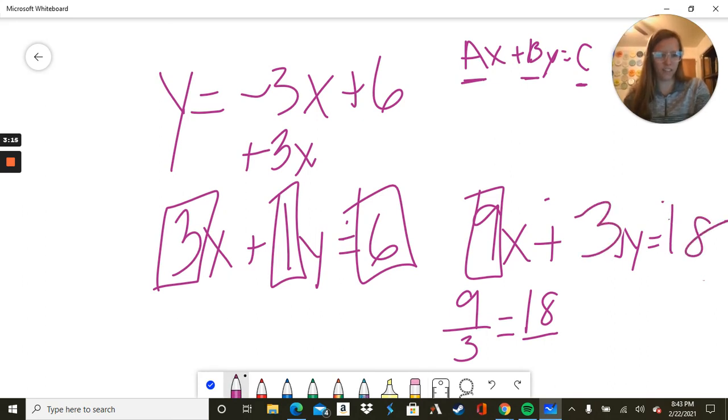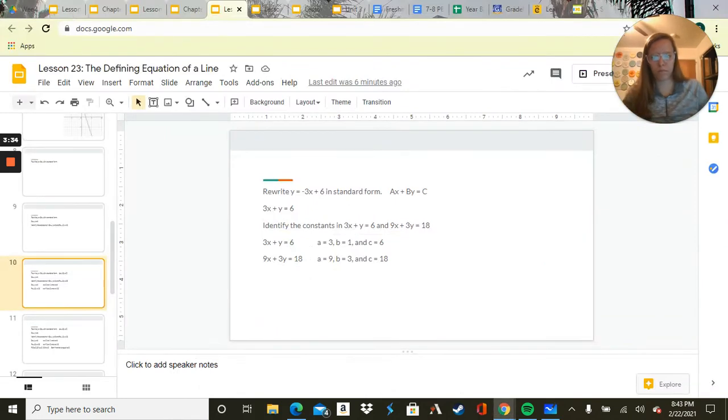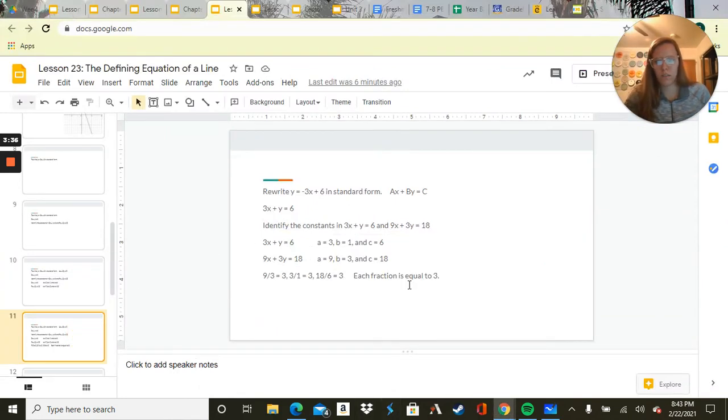This is 18. Okay. So 3 over 1 equals 18 over 6. Now we simplify. 9 divided by 3 is 3. 3 divided by 1 is 3. 18 divided by 6 is 3. So they all equal 3. Each fraction equals 3, okay?